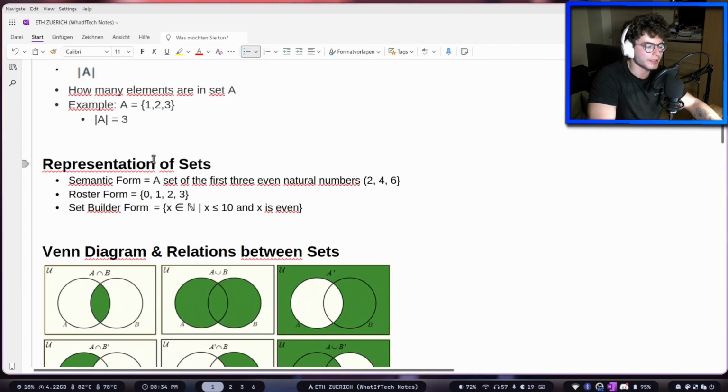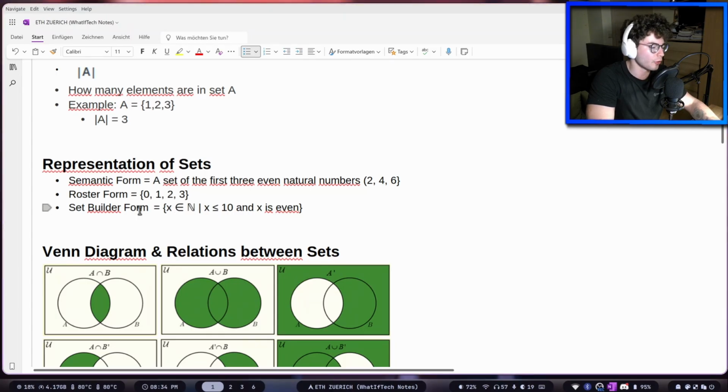To describe a set, we can use 3 forms. The semantic form, it's a plain text description which does not follow any mathematical guidelines. So A, set of the first 3 even natural numbers. The set includes 2, 4, and 6. Roster form, the elements are enclosed with curly brackets.